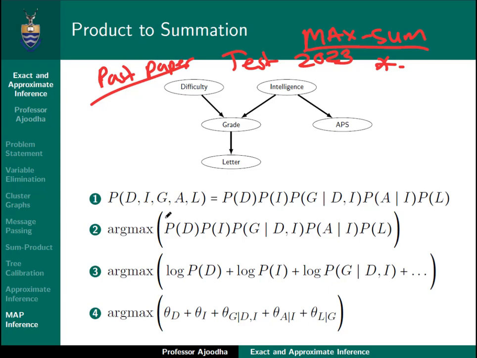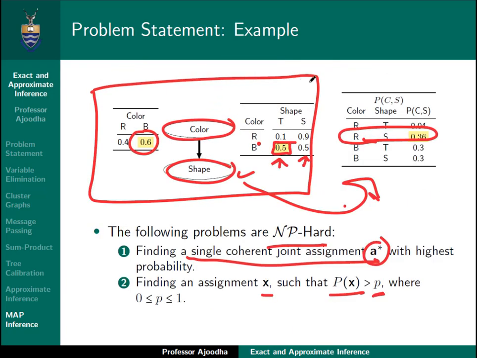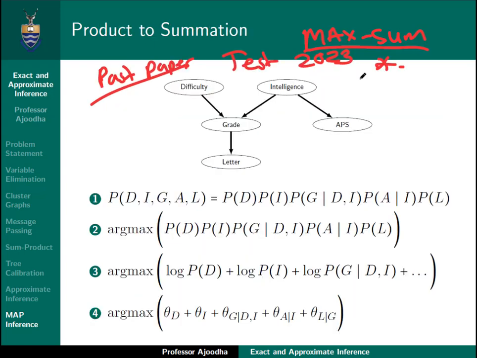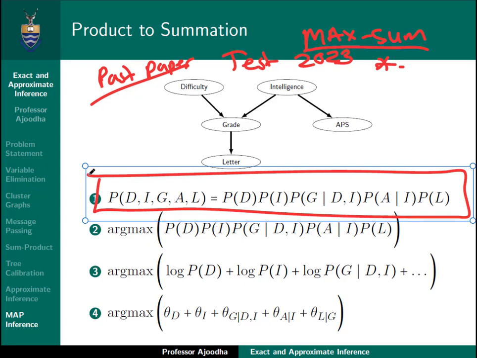In order to calculate the most likely outcome, which is the MAP assignment, remember that it is all represented as a product of factors in a Bayesian network. For this product of factors, I can find the argmax, which is the most likely thing to happen.